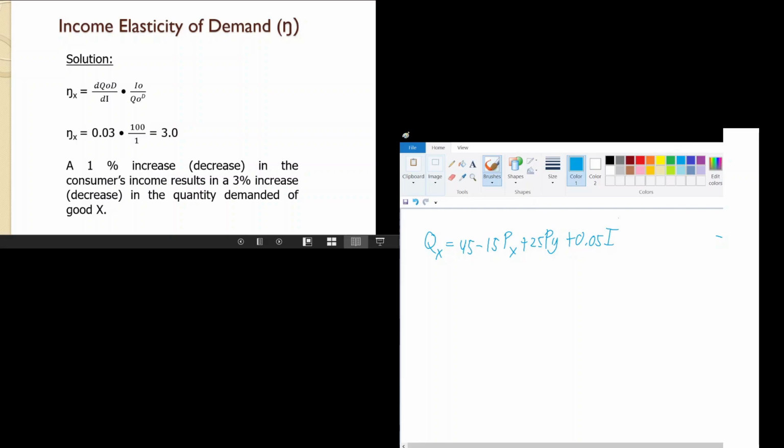Okay, so we are given this equation, and then yung I daw is equal to 500, and then Q equals 10.